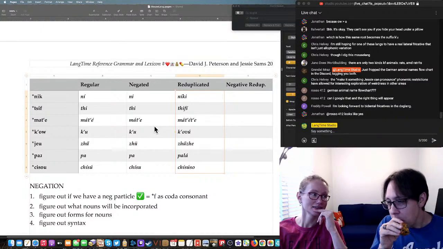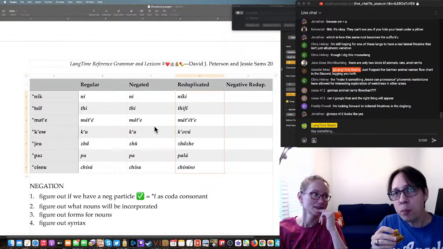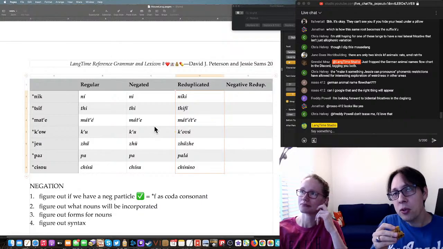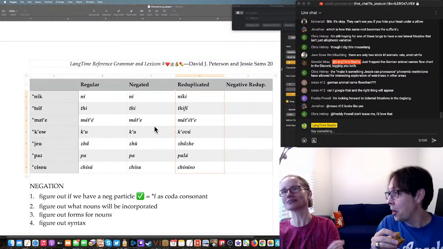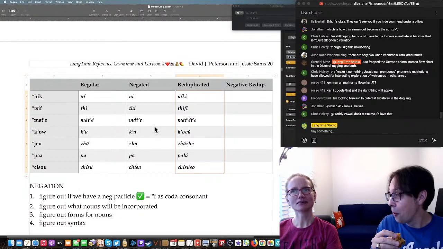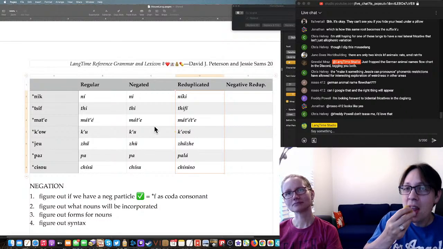Doubly so when you realize that if it's only going to be reduplicated after codas were lost and tones were introduced, from a negative reduplicated form, it has to be the reduplication of the negative. Exactly. That's what's going to happen. It's going to have to.